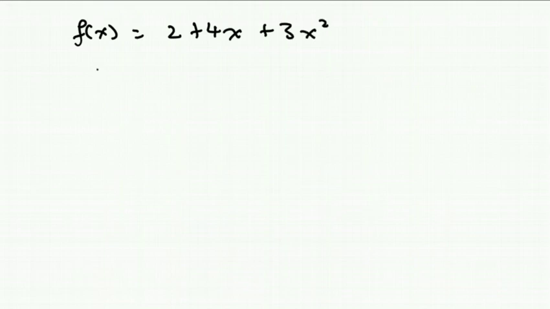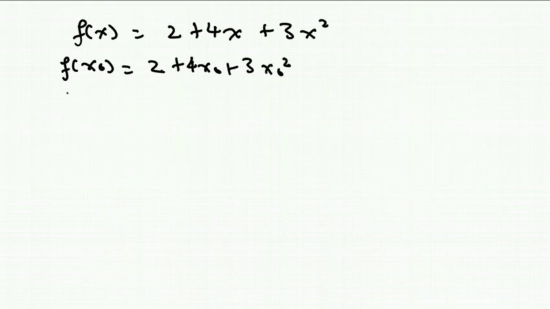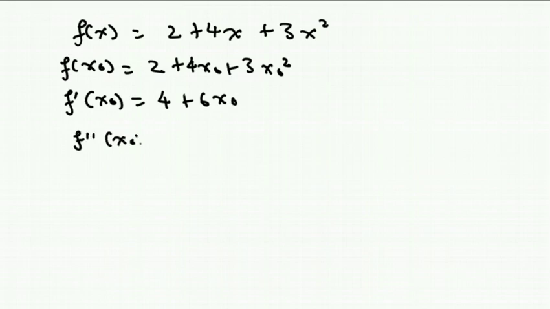If we write it in the form of x naught, f(x naught) equals 2 plus 4x naught plus 3x naught squared, isn't it? If we take the first derivative, it becomes f prime x naught equals 4 plus 6x naught, isn't it? If we take the second derivative, it will be 6, isn't it?